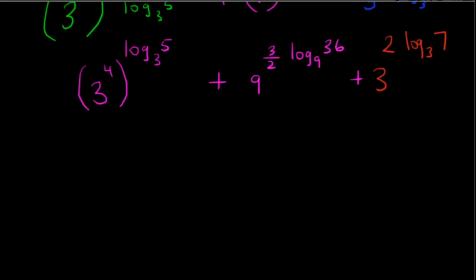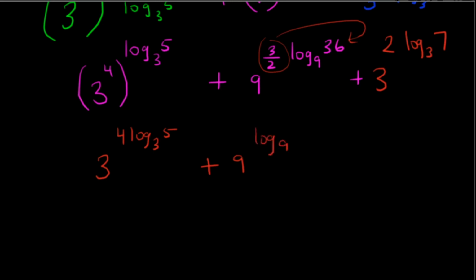Simplifying things, I get 3 raised to the 4 log base 3 of 5, because exponent to an exponent you multiply. And then the 3 halves here will be the exponent of the 36. And then this 2 will be the exponent for 7. All right.